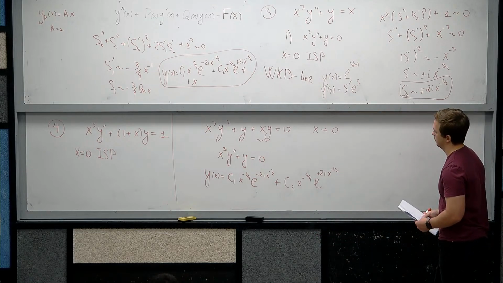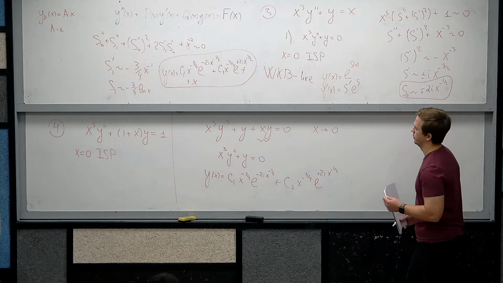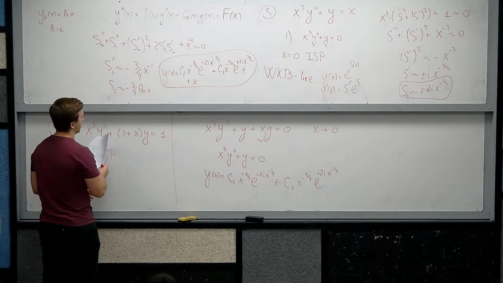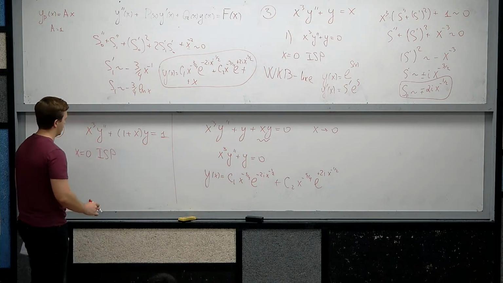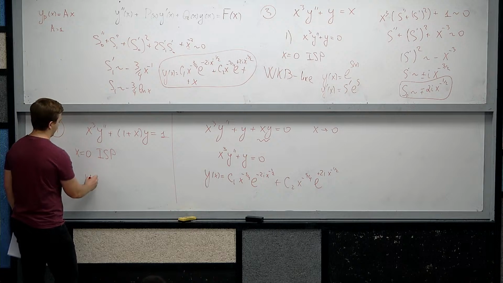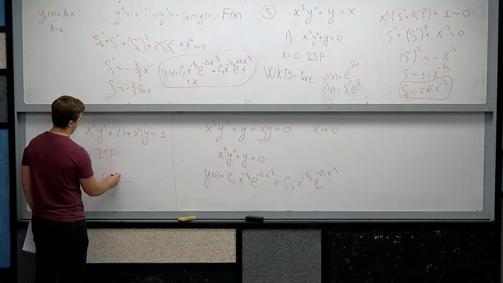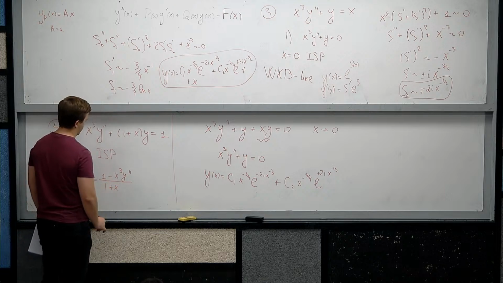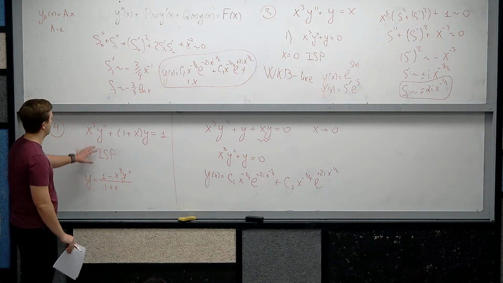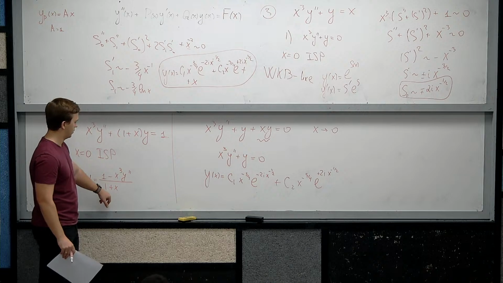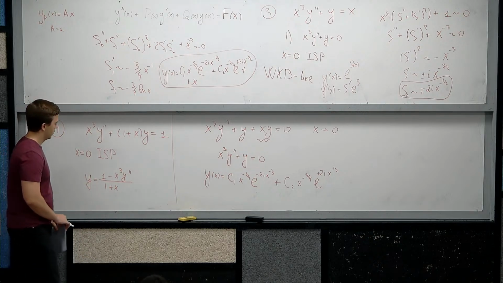Now let's try to find the solution of the inhomogeneous equation. Let's rewrite this equation in this way. Just put this to the right hand side with minus and divide all this by 1 plus x.